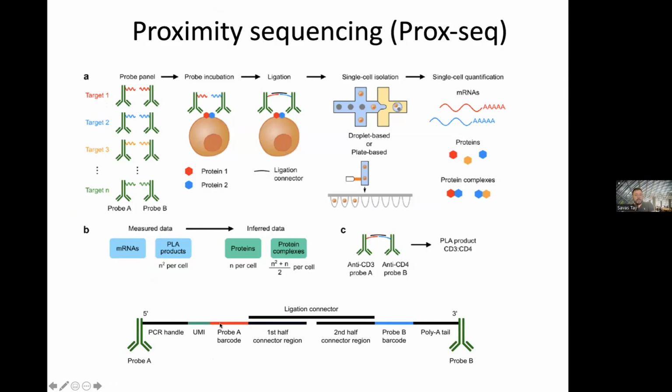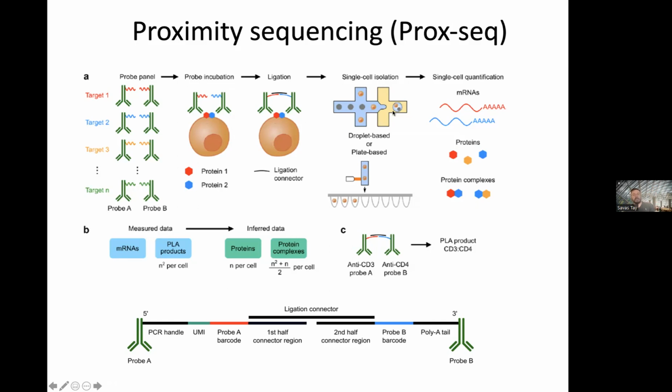So this gives us information that there was protein A here, there was protein B. There's a unique molecular identifier for digitization of the sequencing data, okay? And we develop all these probes, and then we put them on cells. And if there's a complex, we can get protein dimer complex information in the sequencing readout.